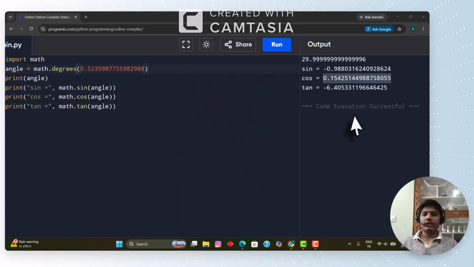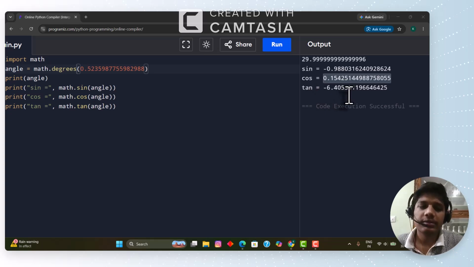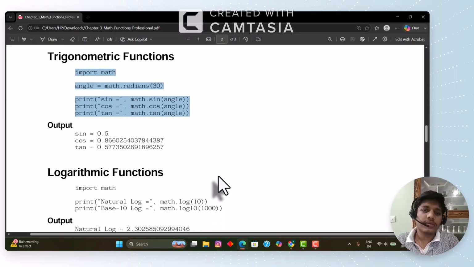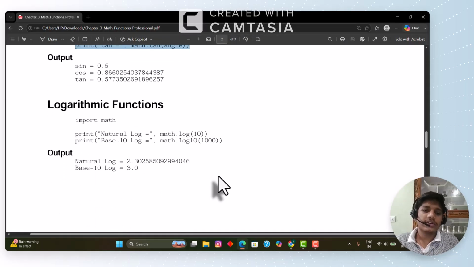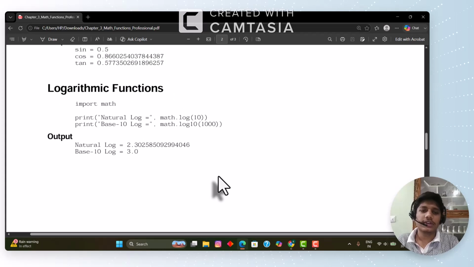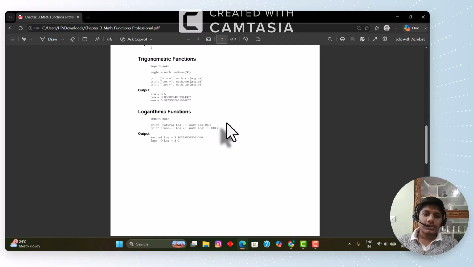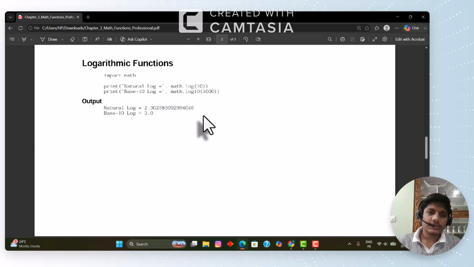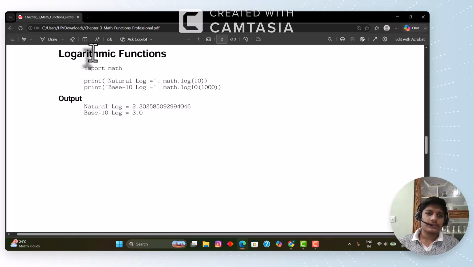Okay, leave it. We will get minus 6.4053 something. So like that, the sine trigonometric functions work. And after that, logarithms, we already discussed these logarithms. It works like the logarithm functions here.